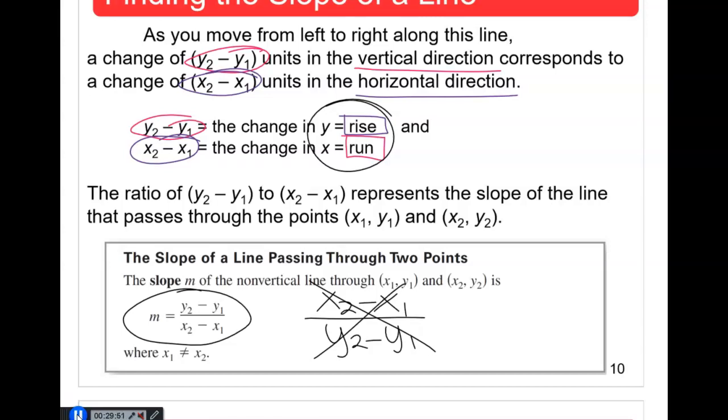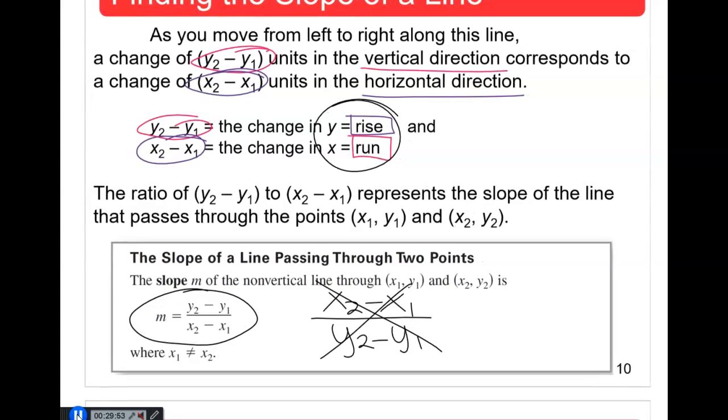Also, it's important to notice that x sub 1 and x sub 2 cannot be equal, because if that happens, the denominator here will be equal to 0. And so things that are divided by 0 are undefined.